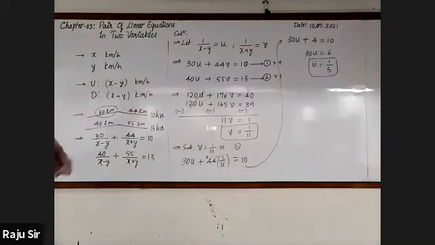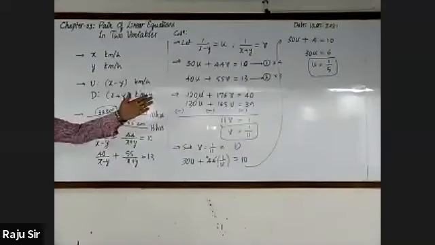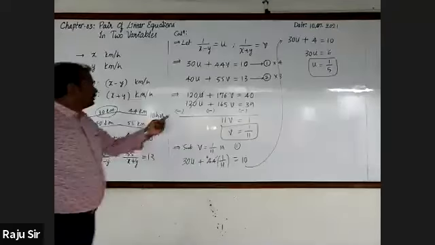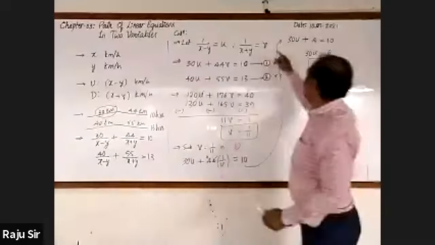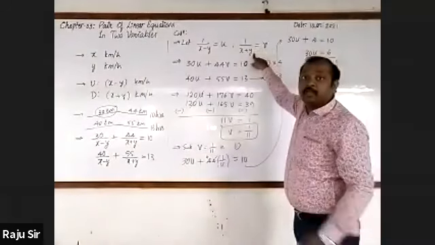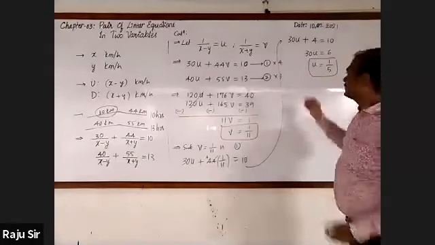Now, we want the values of x and y. We got both u and v. u is taken in place of 1 by x minus y, and v is taken in place of 1 by x plus y. So using that statement, let us go for simplifying.